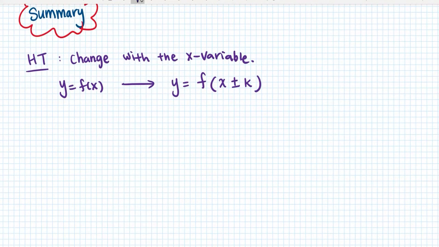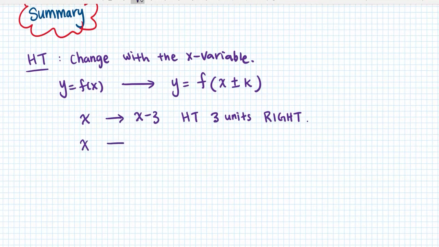Like this, for example, when x is changed to x minus 3, horizontal translation happens 3 units to the right side. When the positive constant is subtracted, the graph is shifting towards the right side. On the other hand, when x is added to a positive constant, horizontal translation, 3 units, this time left side.